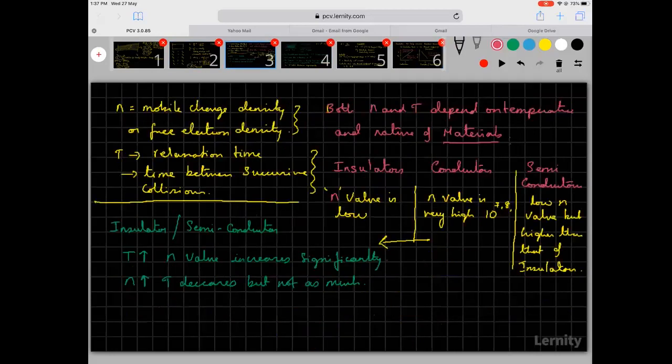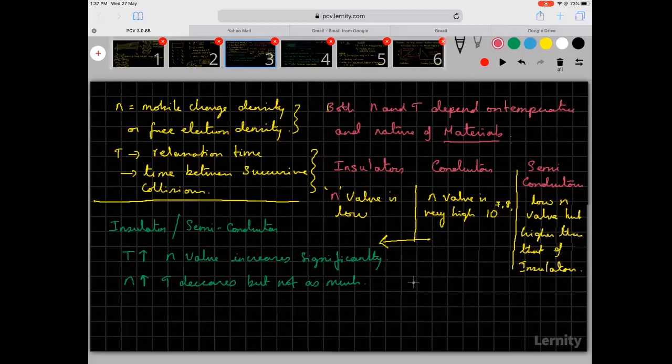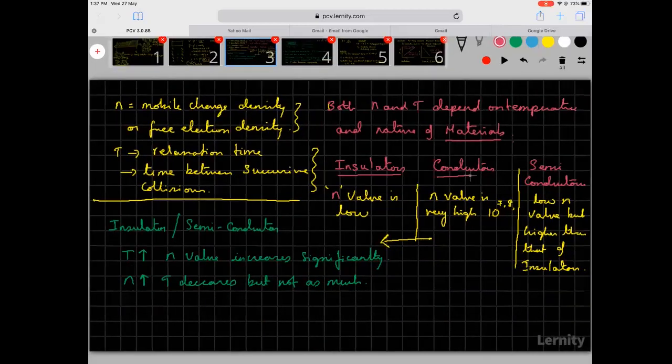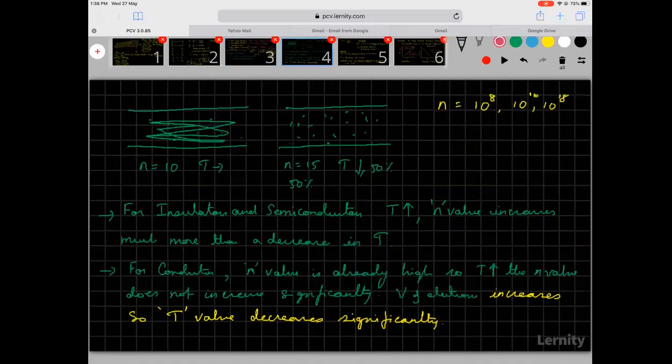To explain that, I have spoken about three types of materials. All materials can be classified as insulators, conductors, or semiconductors. Then I explained how the n value and the tau value change, and what happens for an insulator, a semiconductor, and a conductor.